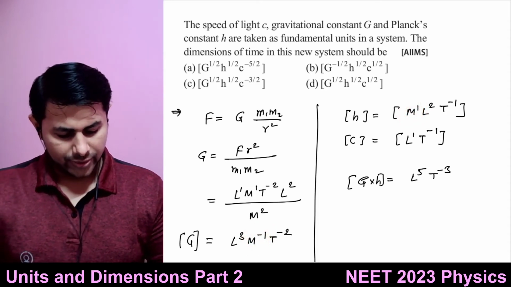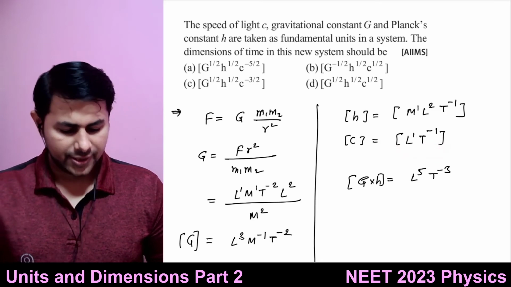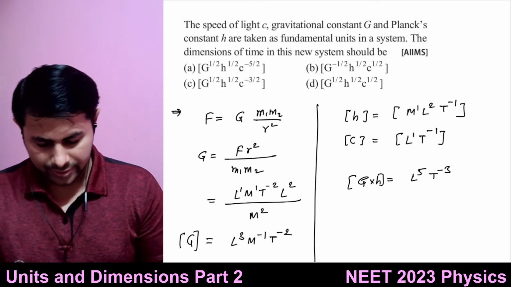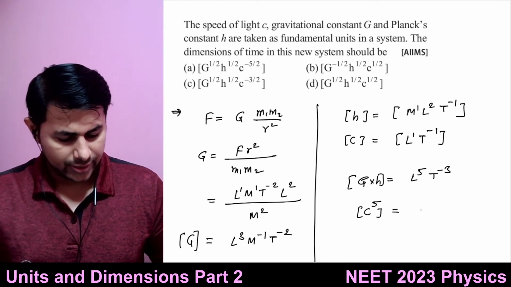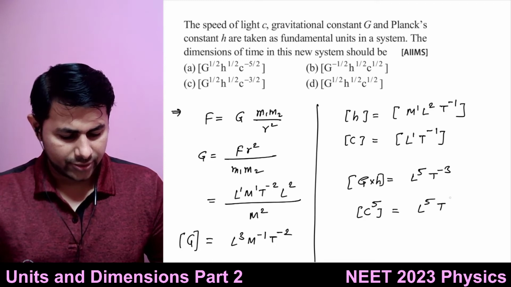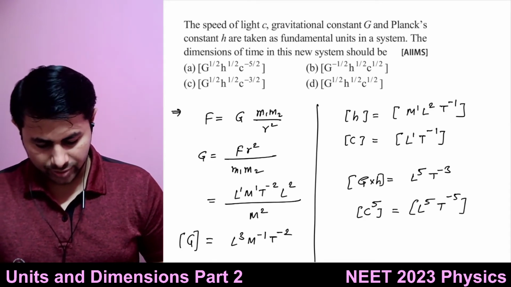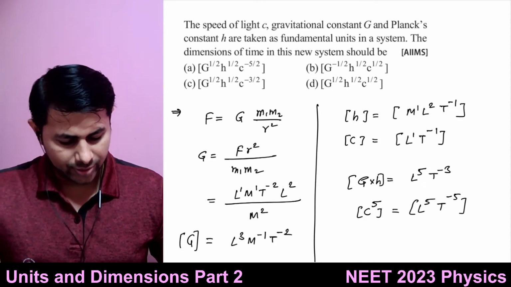Okay, and then I have C. If I raise C to the power 5, what do I get? L raised to 5, T power minus 5. Then I take the ratio of these two, because I want the dimensions of time. So I take the ratio of these two.